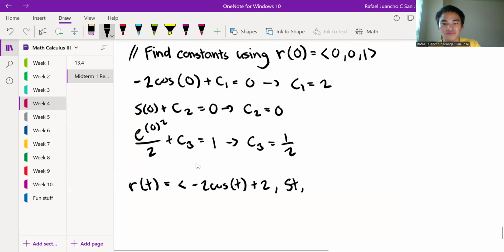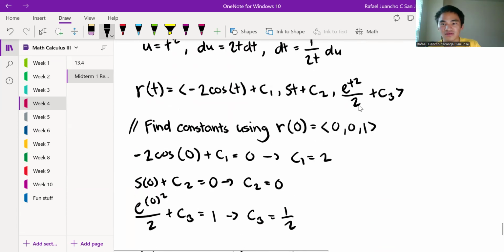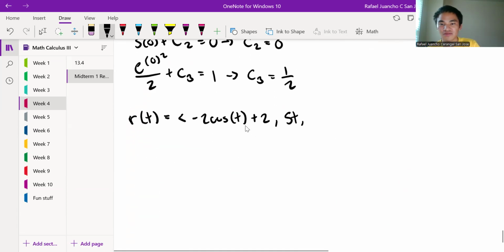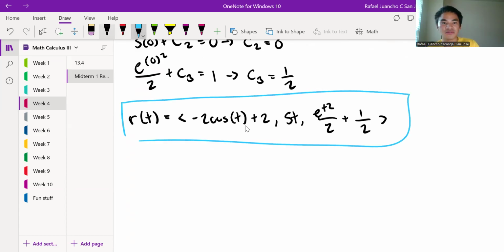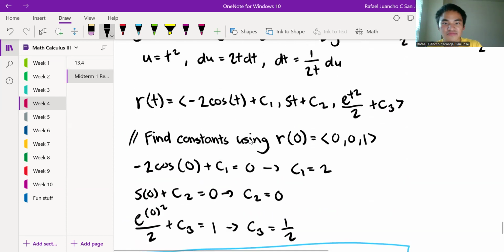And lastly, for our z component, e^(t squared) over 2 plus c3. So c3 is just 1/2. And there we have it. Done. That's our position vector.